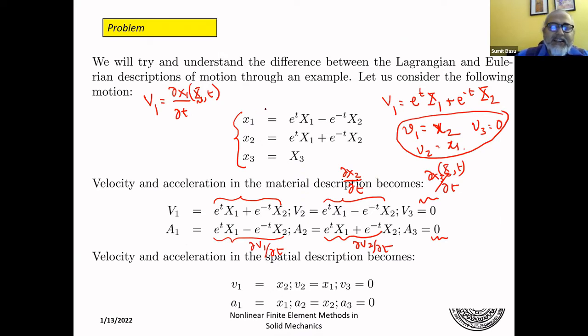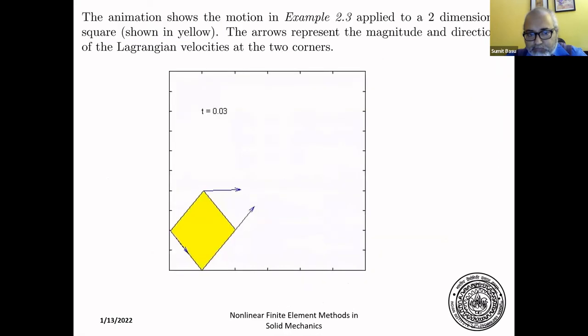The body that I consider is a square actually, a 1 by 1 square. And I want to show you how this 1 by 1 square deforms. In the MATLAB program, I have taken the corners of the initial rectangle, found their velocities as time passes, and I'm going to show you how the deformation looks like. So this is how it goes.